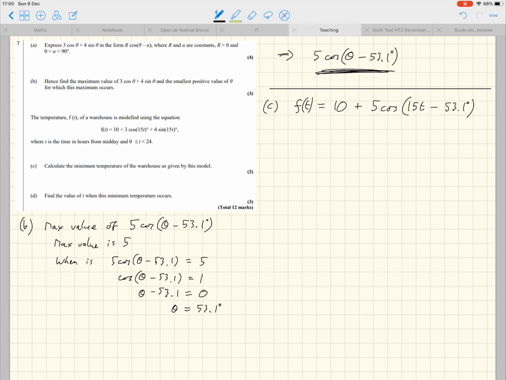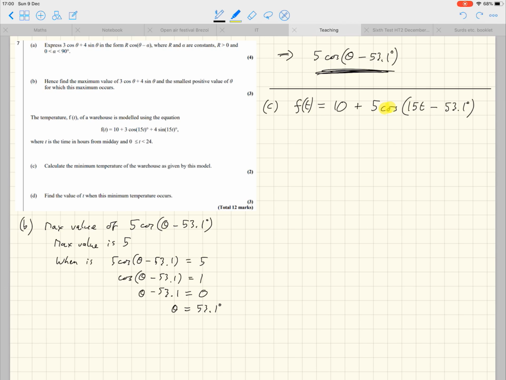Okay, now let's actually read the question. Calculate the minimum temperature of the warehouse as given by this model. Well, this is nice. It's just 5 degrees, but not for the same reasons that this was 5. Again, we just need to look at how this function changes as t changes. We don't need to worry about the ins and outs of it.